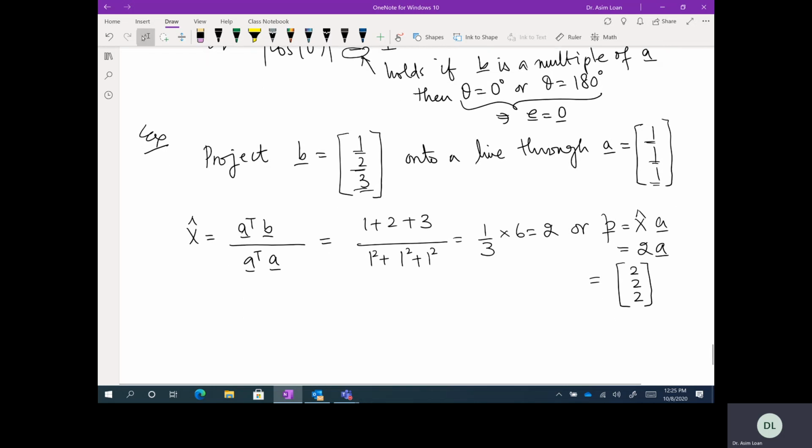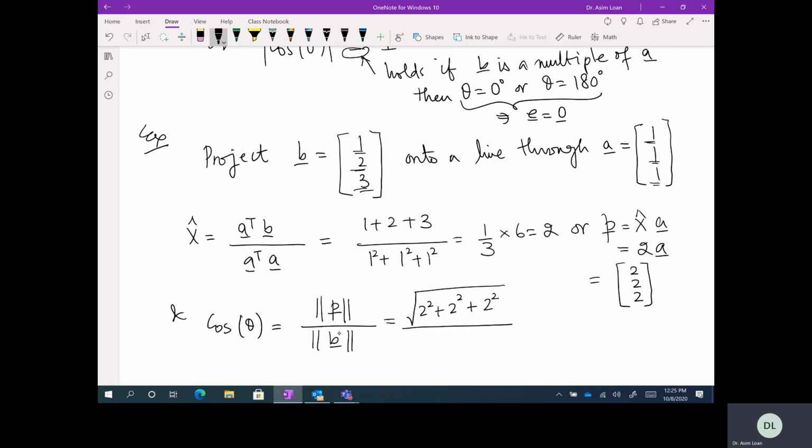And what is cosine of theta? If you recall, the first figure that we drew, cosine of theta is simply the norm of P divided by the norm of B. The norm of P is the square root of 2 square plus 2 square plus 2 square, divided by the norm of B, which is the square root of 1 square plus 2 square plus 3 square.